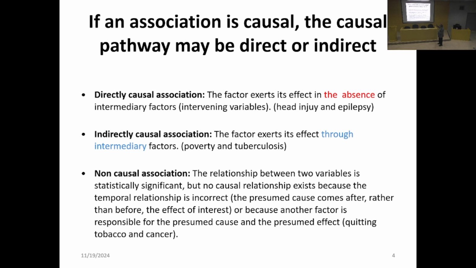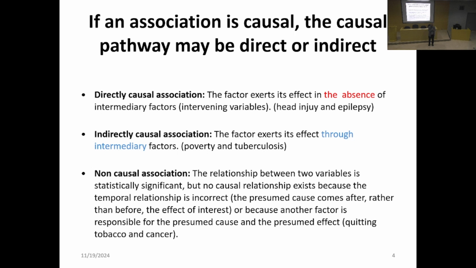Second is to demonstrate that this association is direct and not indirect, not explained by another factor, as I said, between the lighter and lung cancer. It is direct association. Or, of course, you can have no causal association at all. Indirect means the factor exerts its effect through intermediary factors, like poverty and TB. Poverty doesn't cause TB directly. It causes reduction in the immune system because of malnutrition.